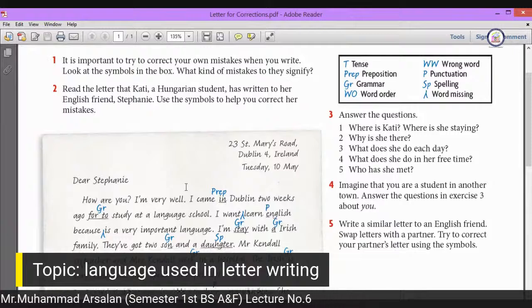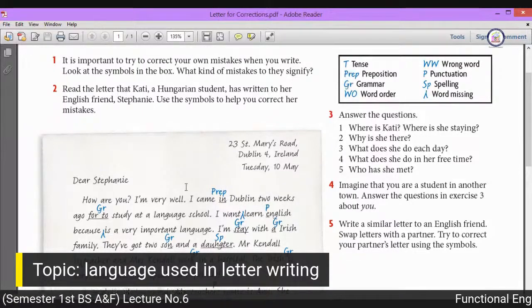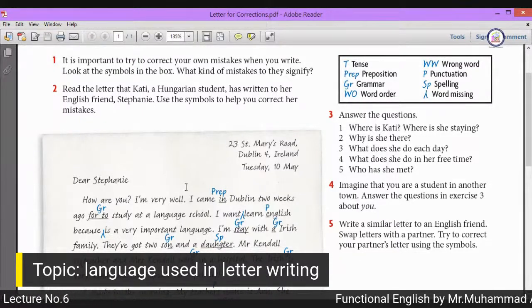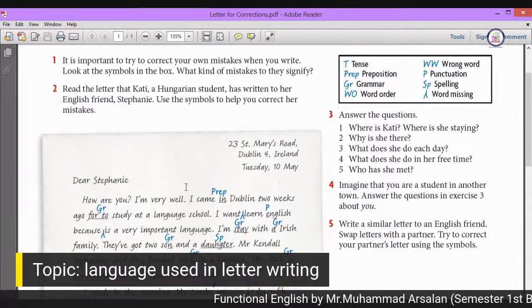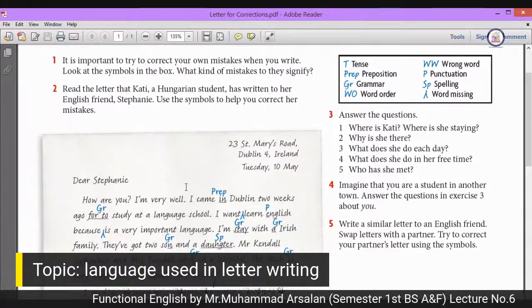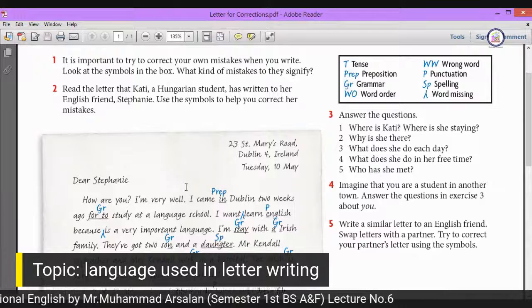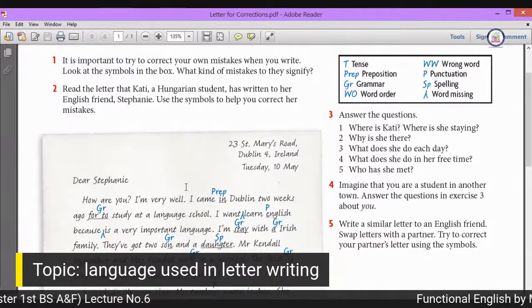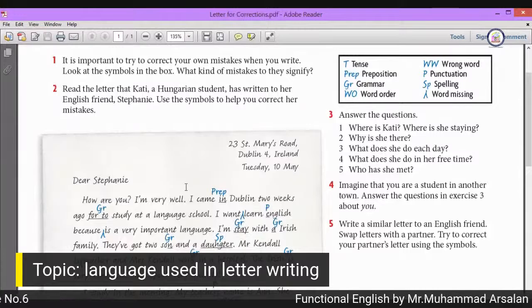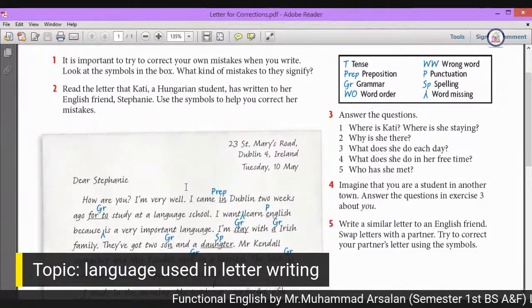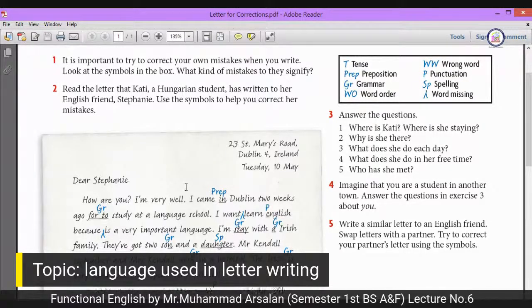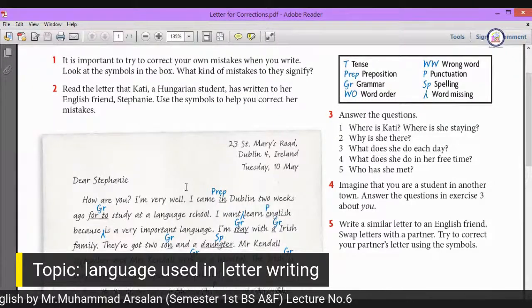But most of the time, it is written to the people who we know, who we love, with whom we have personal relationships. Therefore, an informal letter contains two major features. Number one, there aren't any rules for it. So you can write in an informal way, and there aren't any particular rules for it.